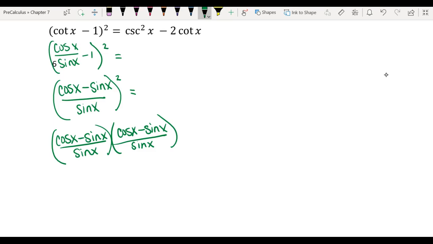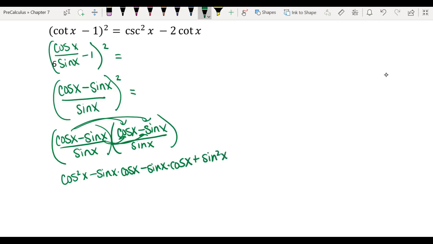What should we do next? Distribute, right? We can distribute some stuff. So I'm going to distribute cosine, and then I'm going to distribute sine. Cosine times cosine is cosine squared of x, minus sine of x times cosine of x, minus sine of x times cosine of x, plus sine squared of x, all of that over sine of x.